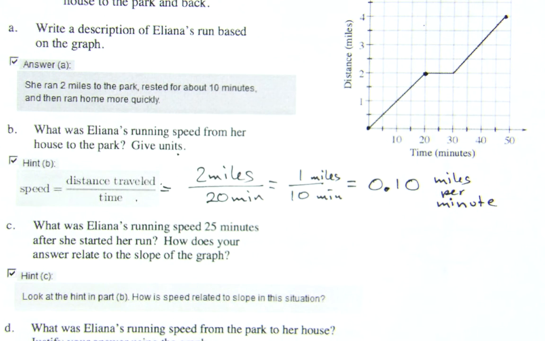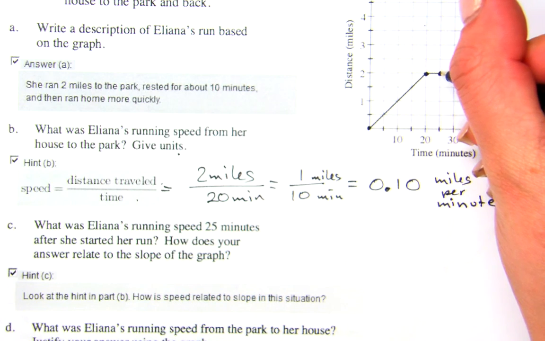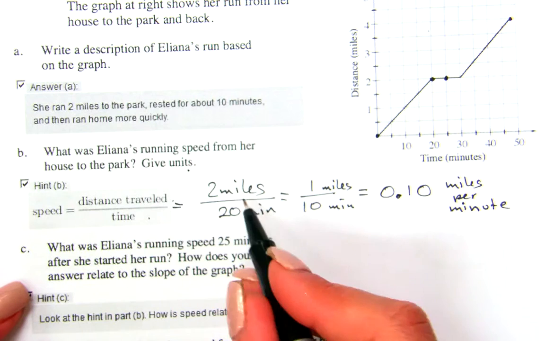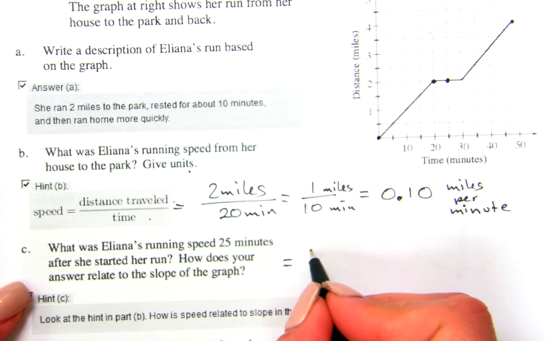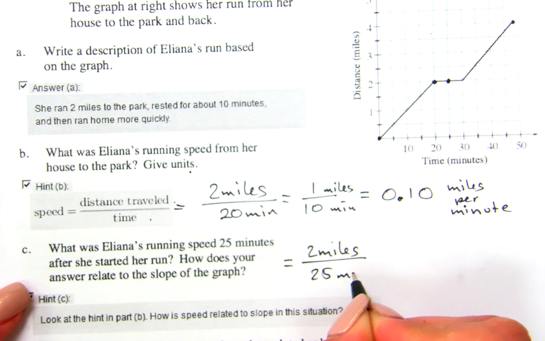What was Eliana's running speed 25 minutes after she started her run? How does your answer relate to the slope of the graph? 25 minutes after she started her run, she was resting. I'm assuming that you want to go from here to there. So technically, they want us to do it again, except she still traveled 2 miles. She hasn't really gone anywhere in 25 minutes.